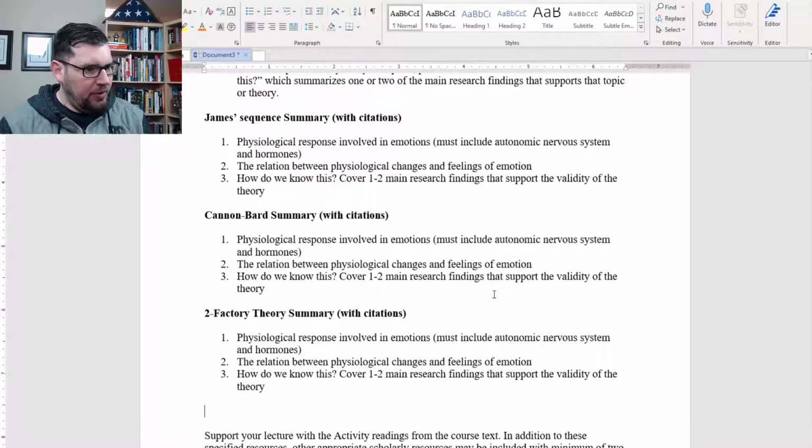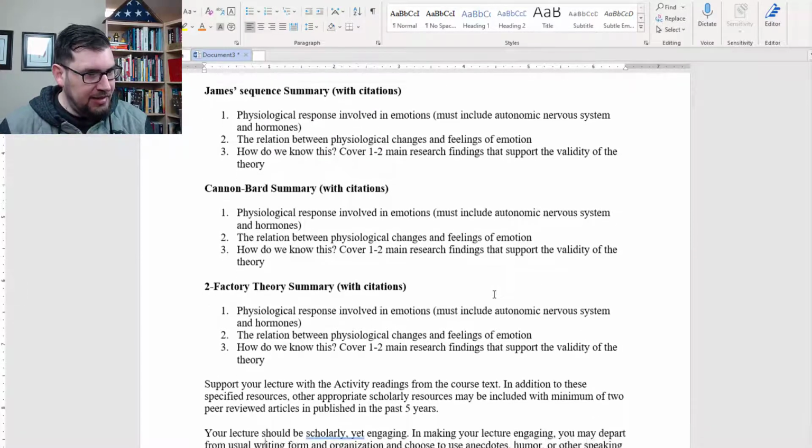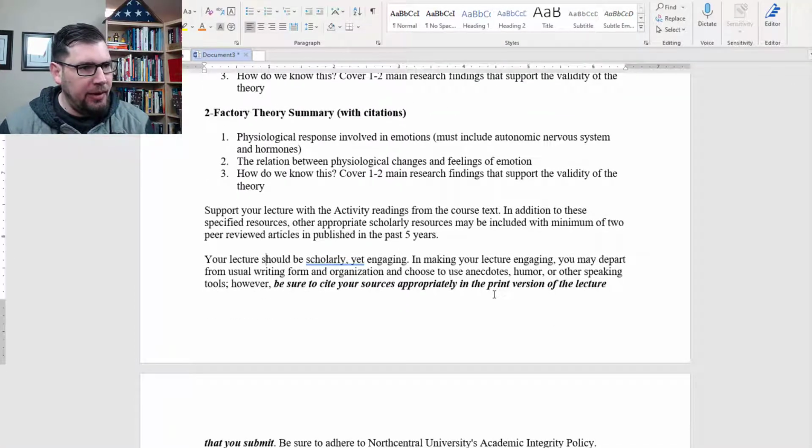All right, and then it's supposed to be in some sort of lecture format. So support your lecture with the activity readings from the course text.